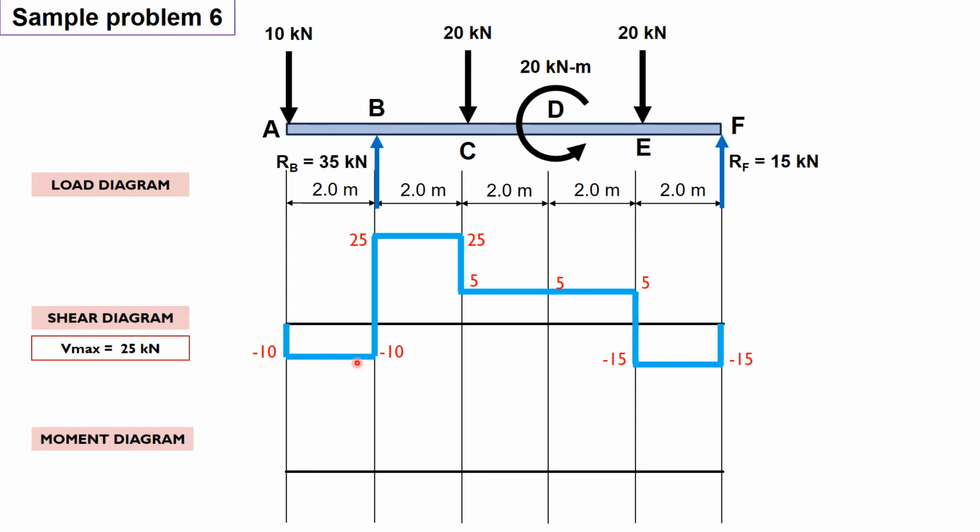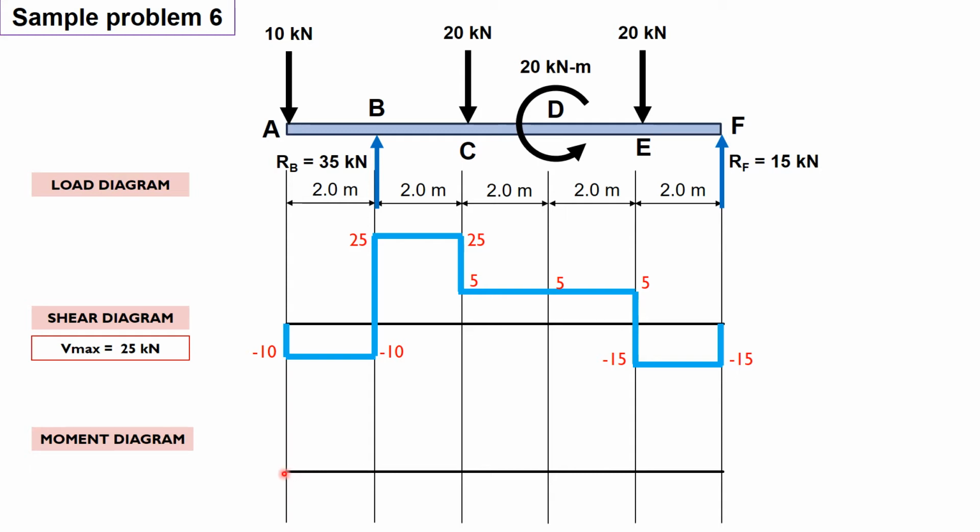So to get the area of this hanggang B, so that will be negative 10 multiplied by 2, because this is 2 meters. So negative 10 by 2, that will be the area of your shear diagram.